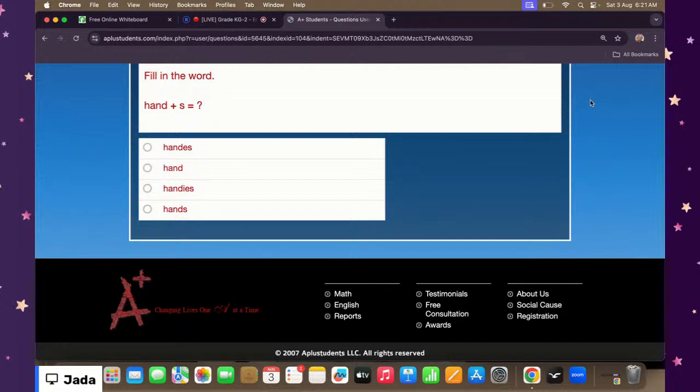Type in the words so that I can know that you are with me on the same number. Han plus s. Type in the word. Okay? Hands. Good. Just like that.